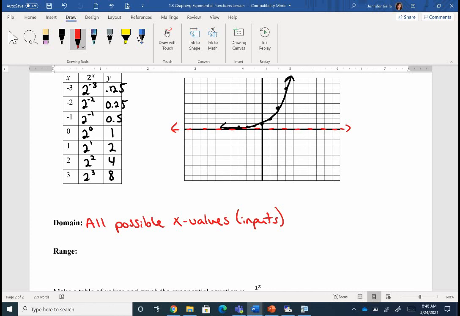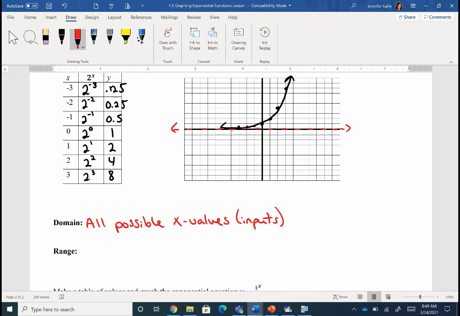If you look at our x values, aka our inputs, could we put positive values in? Is that okay? Yeah. Could we use 0 for our x? Yeah, we did. Did we have some negative x values too? Yeah. The possibilities for x are unlimited. I can put any value I want for an exponent.